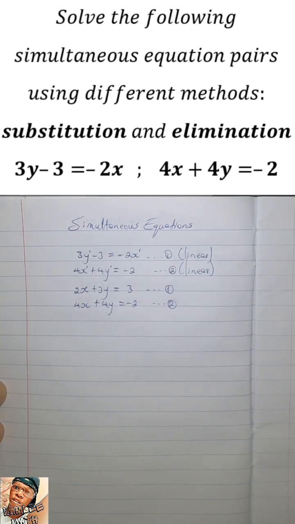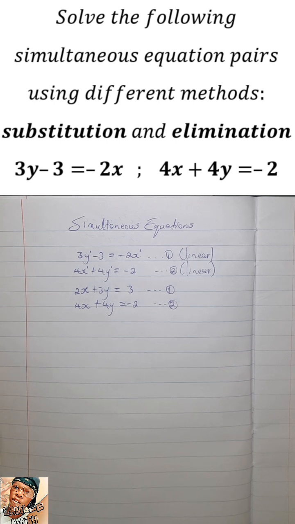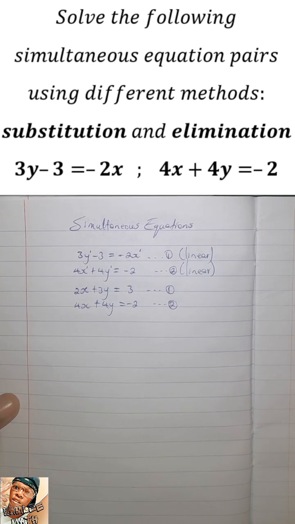So in the first equation we have the coefficient of x as 2, and in the second one we have the coefficient of x as 4. So because 4 is greater than 2, let me just multiply everything in the first equation by 2 to make sure that the coefficient of x in the first equation is the same as the coefficient of x in the second equation. That means 4.